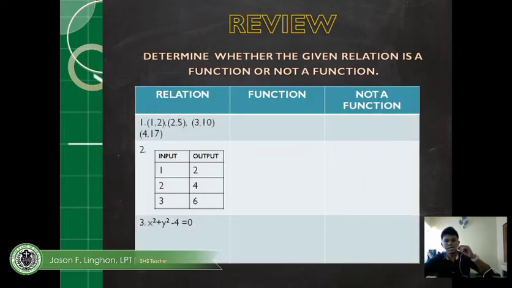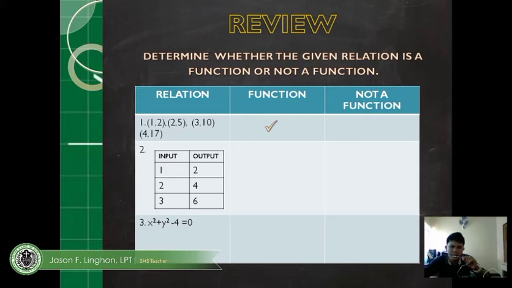In this given, we have the relation (1, 2), (2, 5), (3, 10), (4, 17). Since each value of our domain has only one partner in the range, this is a function.